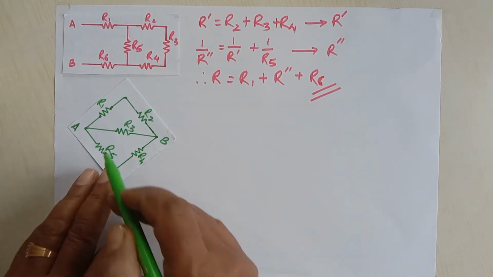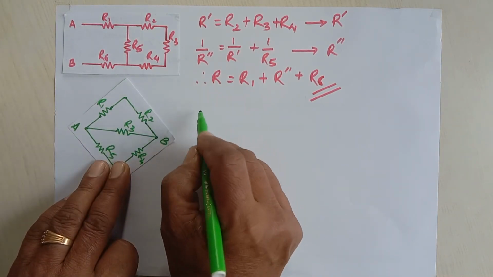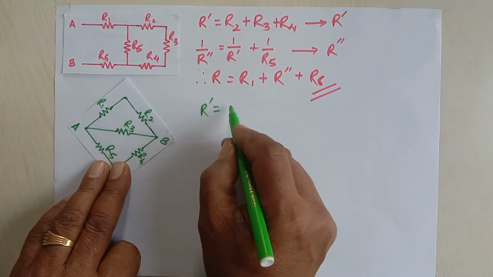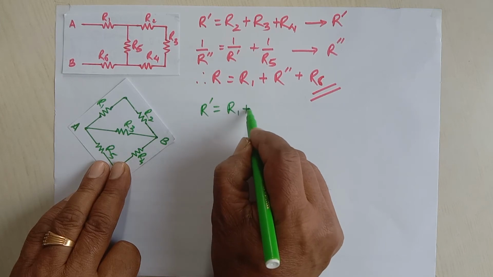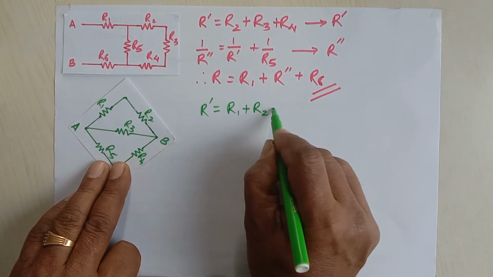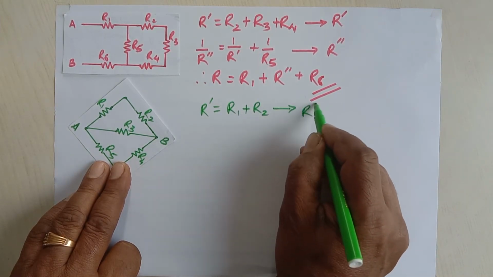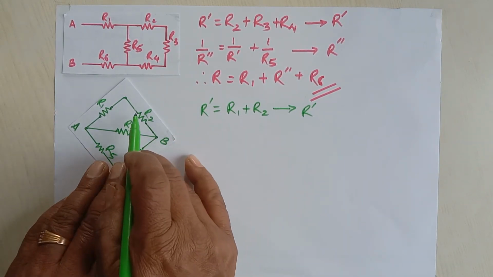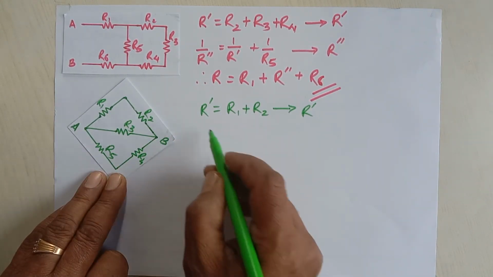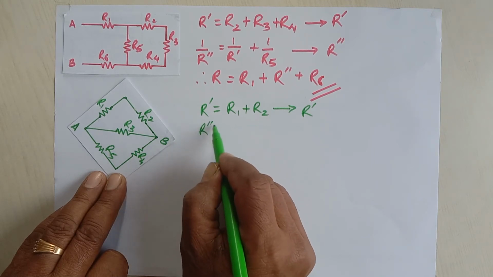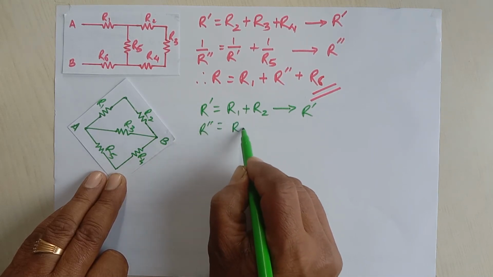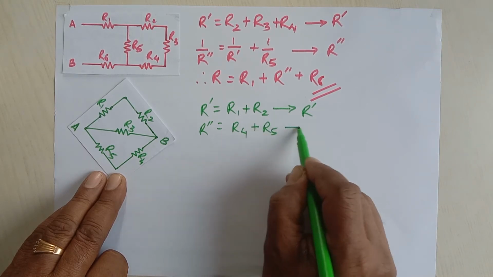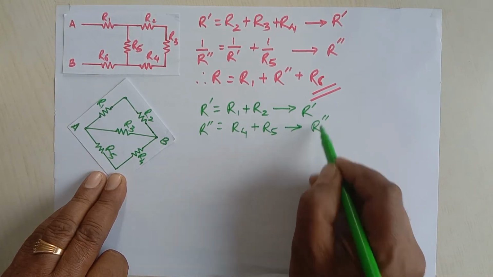That's why, first, for the series, let's say R dash is equal to R1 plus R2. Now we'll get R dash by the help of this equation. And then the other one, look at this, R4 and R5: R double dash is equal to R4 plus R5. Then here we'll get R double dash.